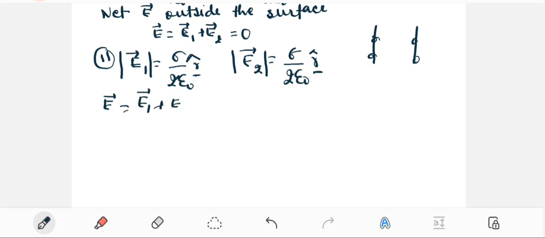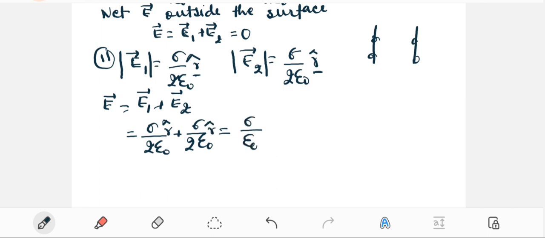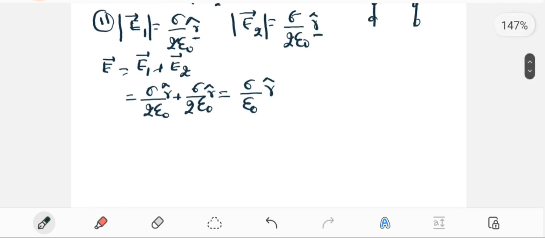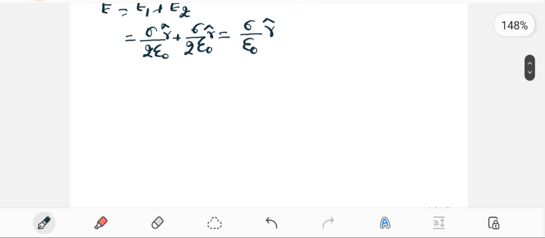plus E2, which can be written as sigma upon 2 epsilon naught plus sigma upon 2 epsilon naught. So half of sigma upon epsilon naught plus half of sigma upon epsilon naught, with r cap for both, is equal to sigma upon epsilon naught, and r cap is the direction. Since it is from the positive to negative plate, we got the positive sign here. We know the value of sigma, that is 2 into 10 to the power minus 2 coulomb per meter square.